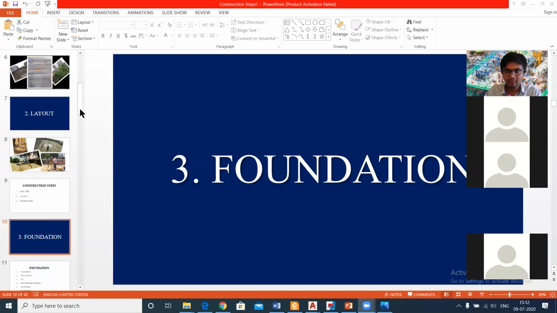I already told you why a pedestal is provided. A pedestal is provided to transfer the loads of the column to the footing, so it acts as an intermediate. But if you go by the design, it is not required in some cases, as you can see here.